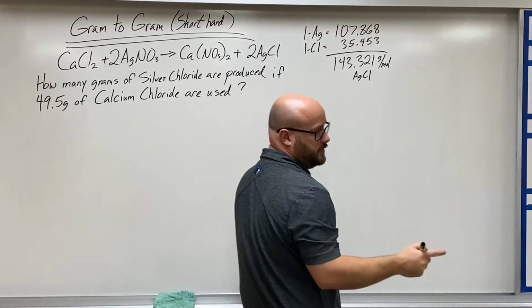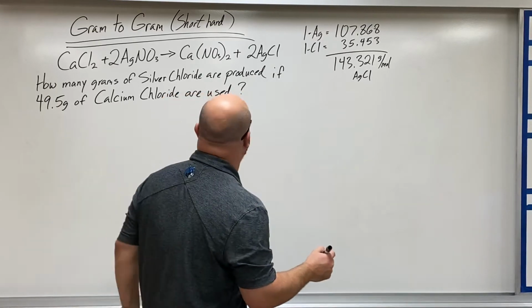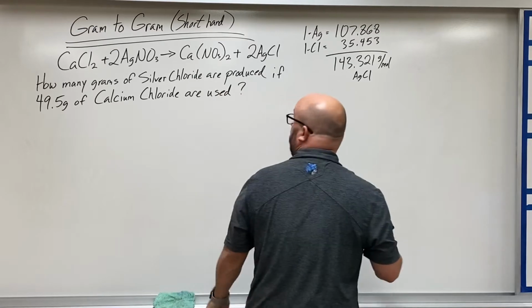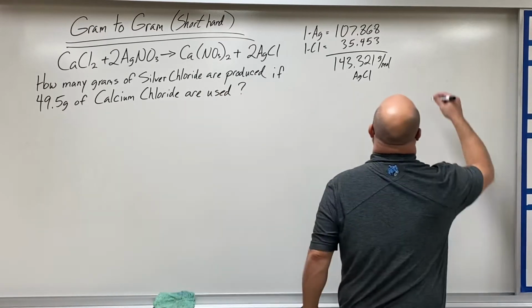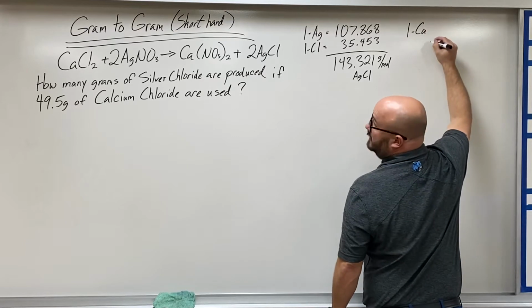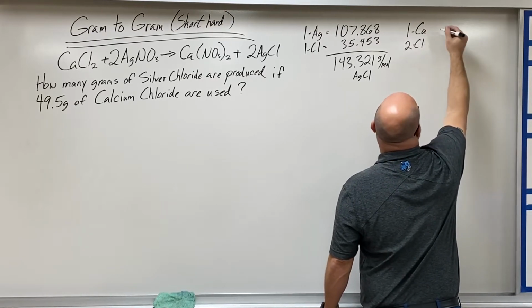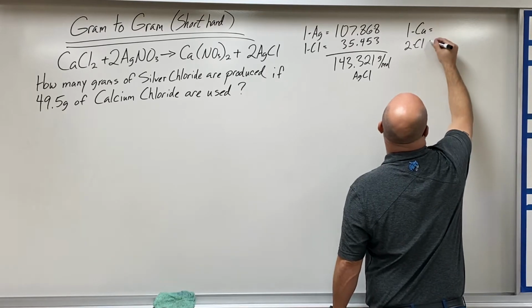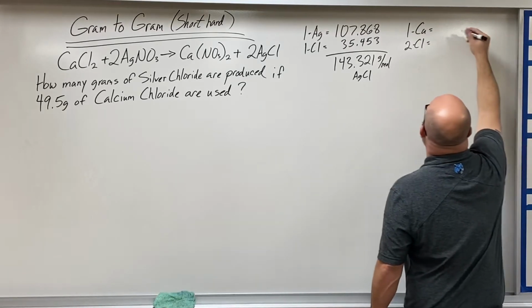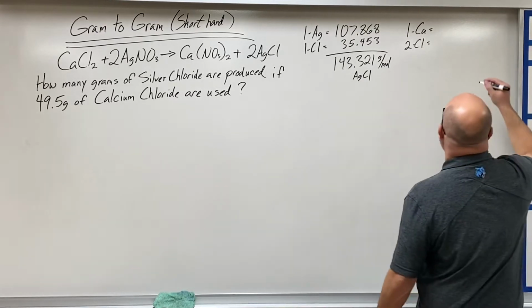Now, right next to it, we're going to find calcium chloride's molar mass, CaCl2, so we have 1 Ca and 2 Cls. Calcium is 40.078, and there's one of them.